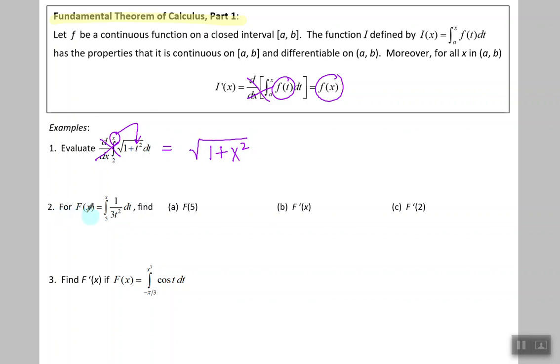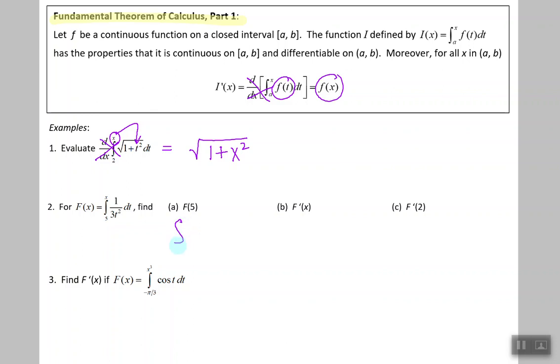For capital F of x equals the definite integral from 5 to x of 1 over 3t squared dt, find part A, capital F of 5. Well, because capital F of x is defined as this integral, we replace the x with 5.